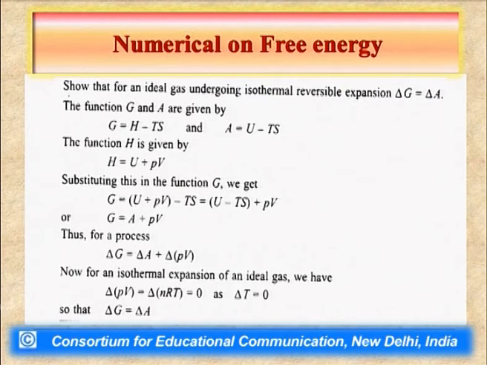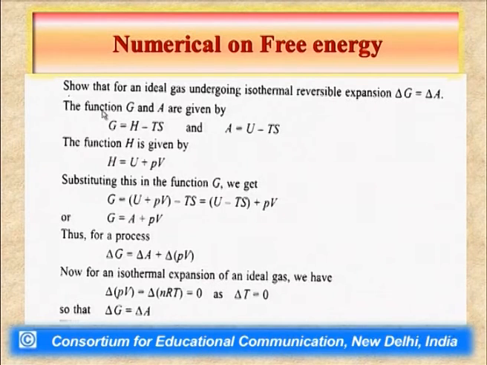Now, having said this, let us have a look at a numerical problem. But before that, it is important to understand, if we consider an ideal gas which undergoes an isothermal reversible expansion, then we need to show that the change in Gibbs free energy equals the change in Helmholtz free energy also.